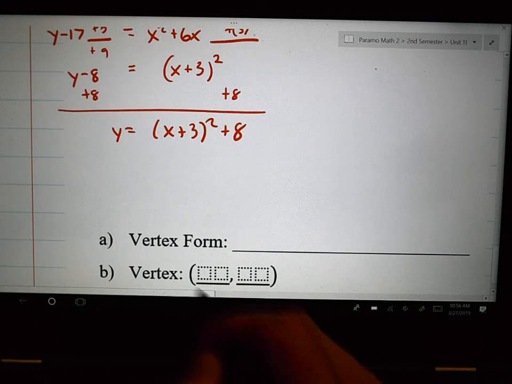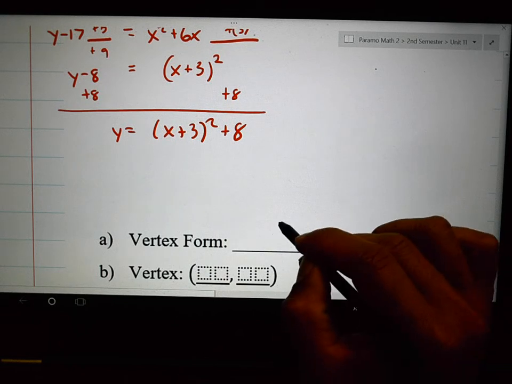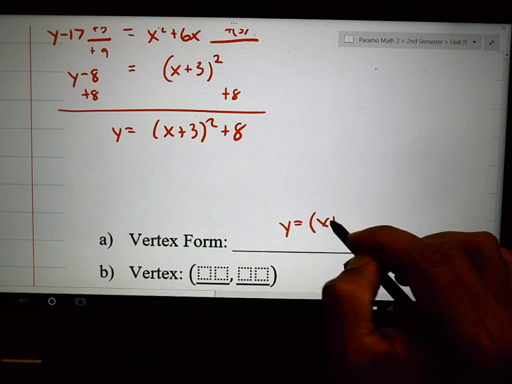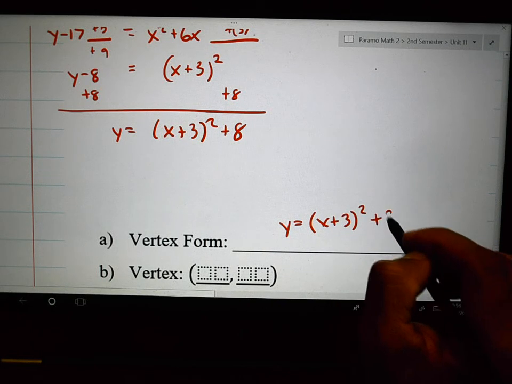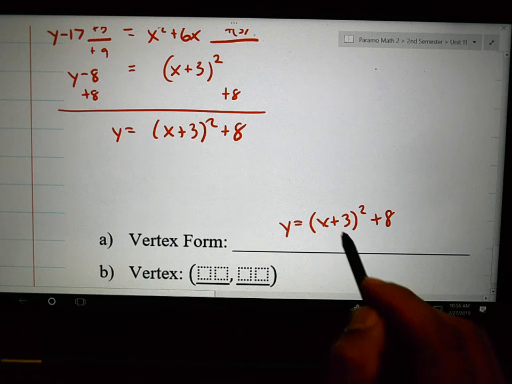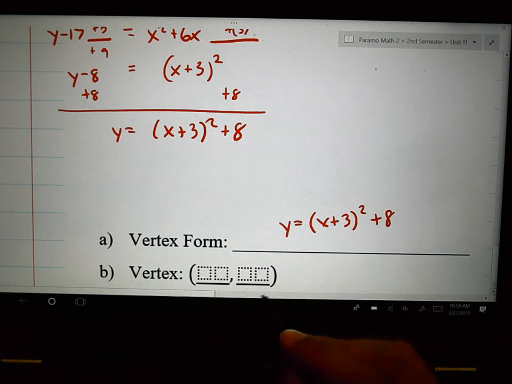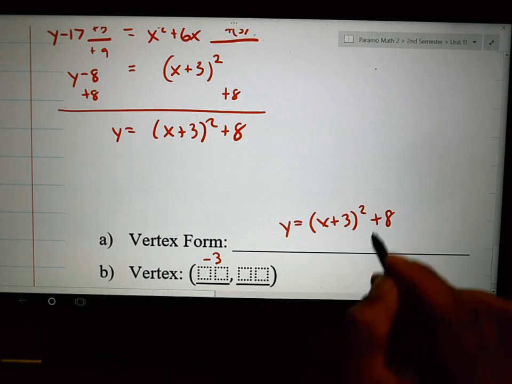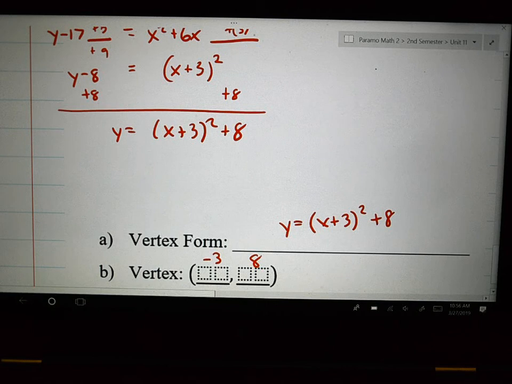When it asks me what is this in vertex form, rewrite it down. And if I want to know where the vertex is, we use opposite same. Negative 3, positive 8. Which is a review, but in case you forgot it, I wanted to do one more example with you guys. We're going to stop your notes right there.